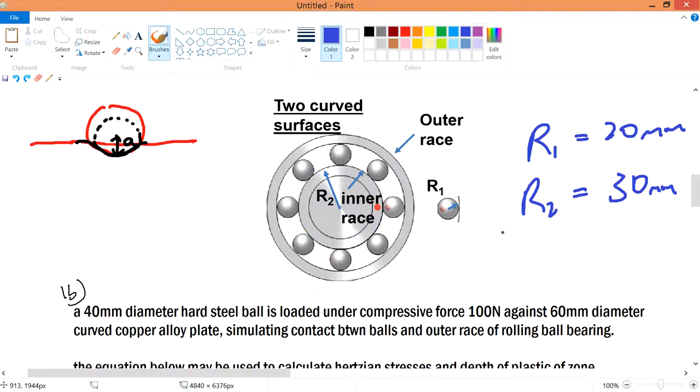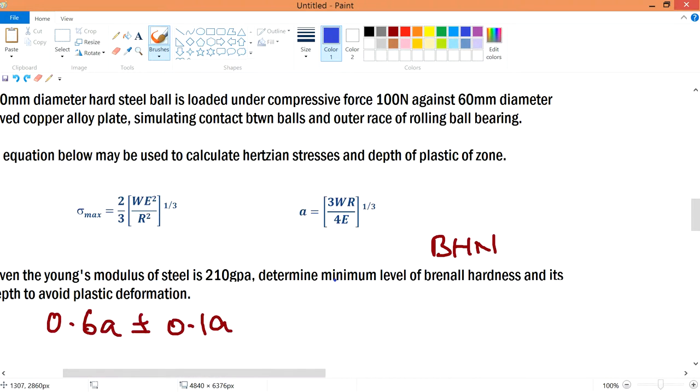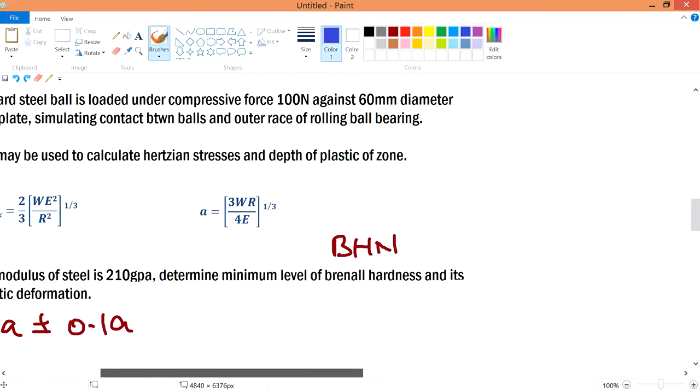Once you set this, next we need certain equations. The second step is to find your equivalent radius, your contact radius. Why do you want to find this? Because your equation over here needs you to do that. You are not given any equations or numbers, so you need to do that.